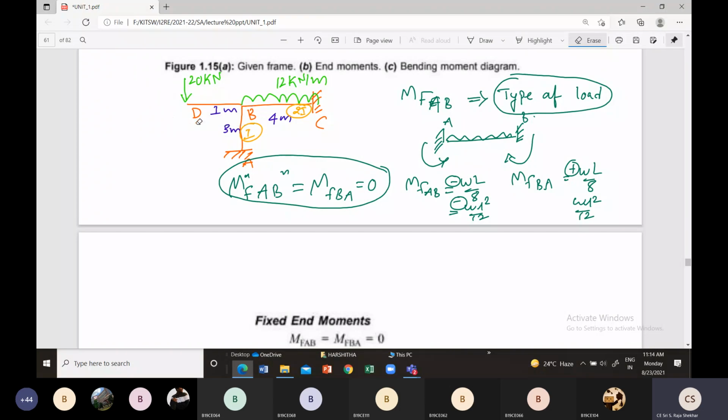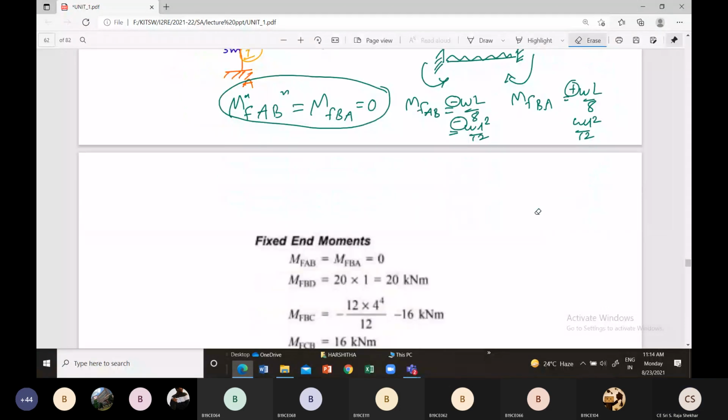For BC, a uniform distributed load of 12 kilonewton per meter is acting. So MFBC will be equal to WL square by 12 and MFCB is equal to WL square by 12.